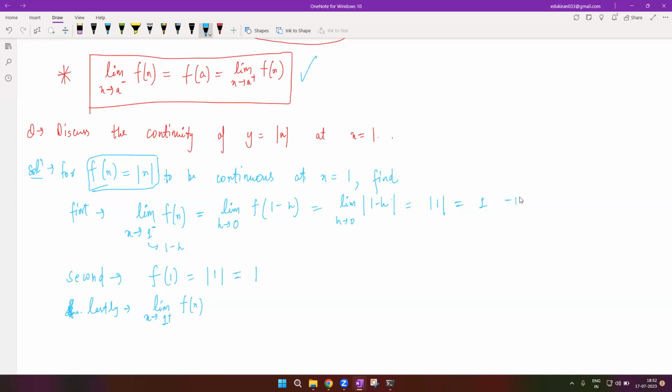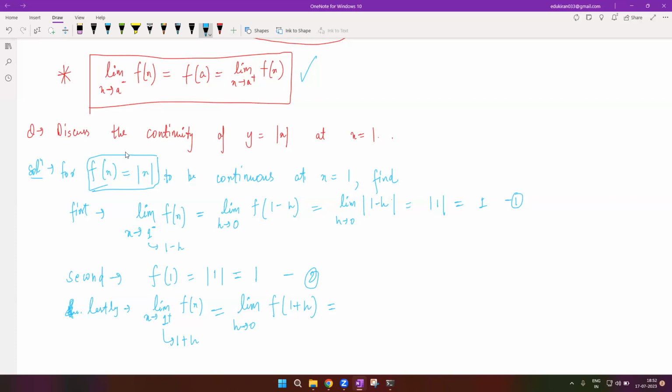I'm also writing the name of these things: first equation, second equation, then I'm now calculating third equation. So it is limit x tends to 1 positive. Now I know 1 positive means 1 plus h. So instead of x, I'm writing 1 plus h.